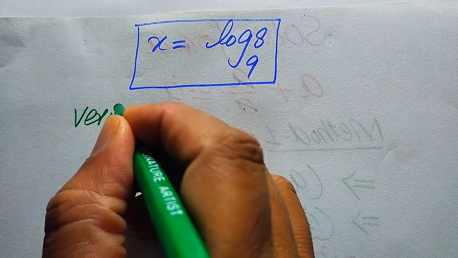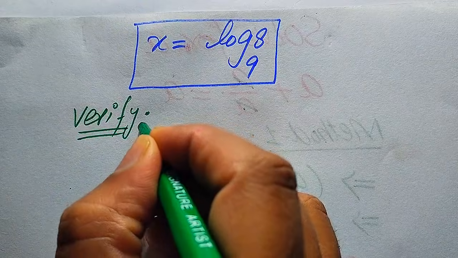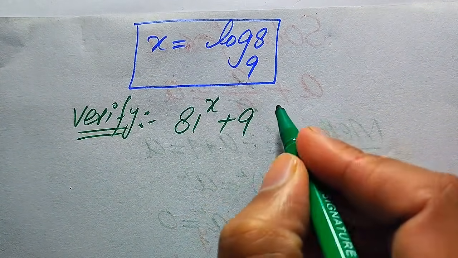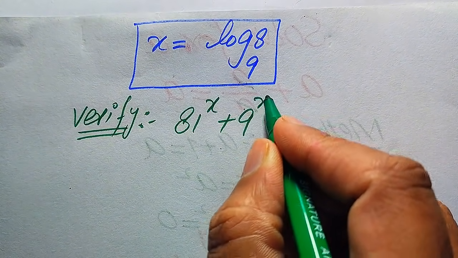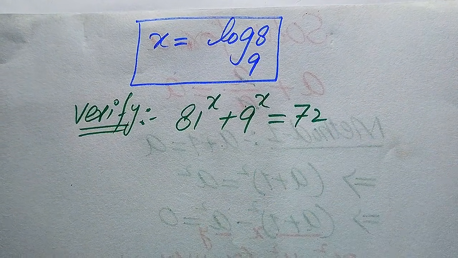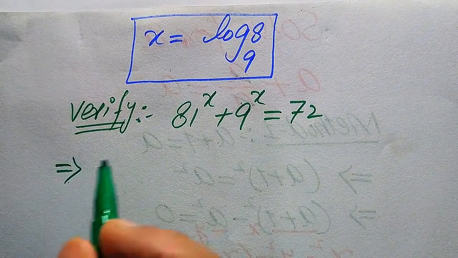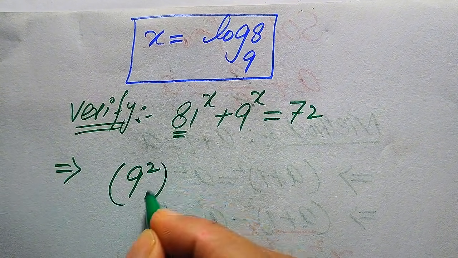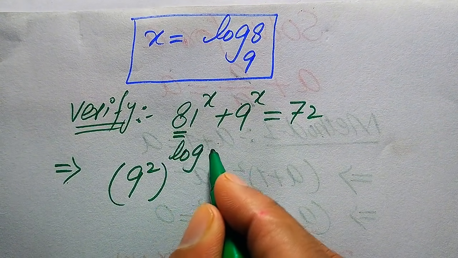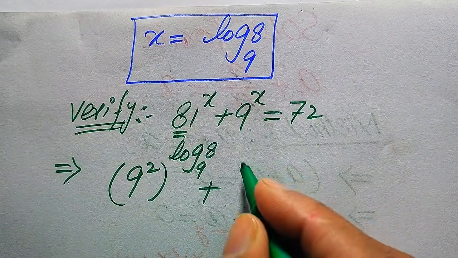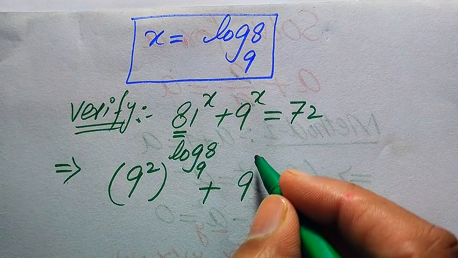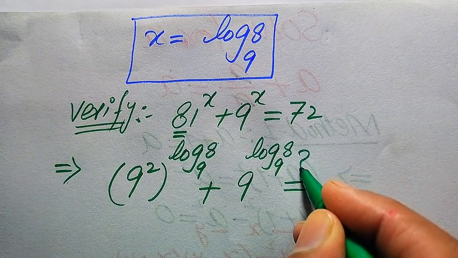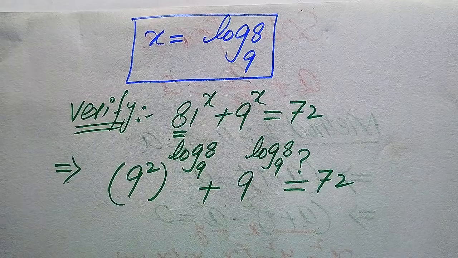For this we need to copy down the given question statement here. Our given question statement is 81 to the power of x plus 9 to the power of x is equal to 72. And here we substitute the value of x, but here we write this 81 as 9 squared, and we substitute the value of x, that is log of 8 with base 9, plus, similarly here we substitute the value of x, that is log of 8 with base 9, and we check whether this equals 72 or not.